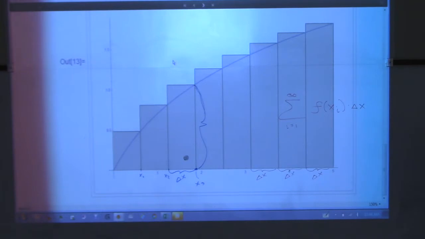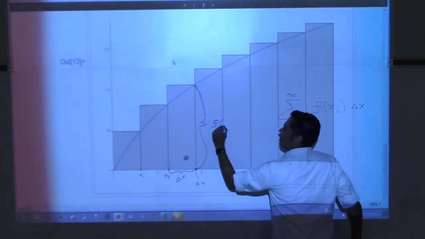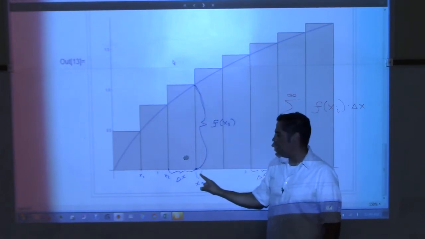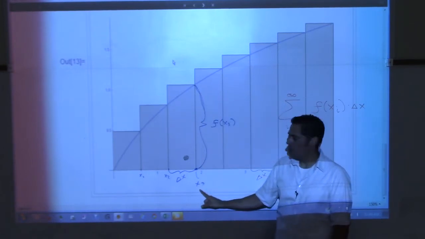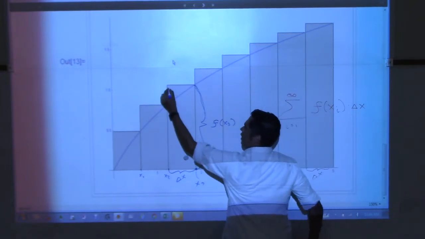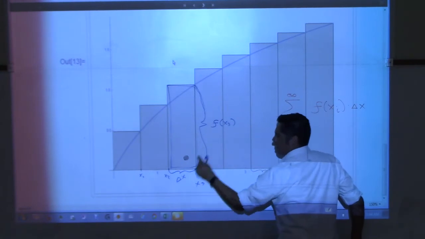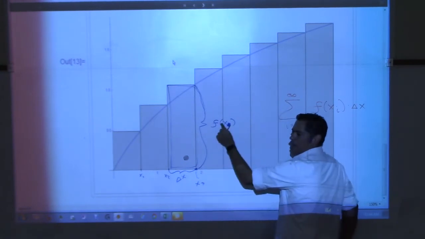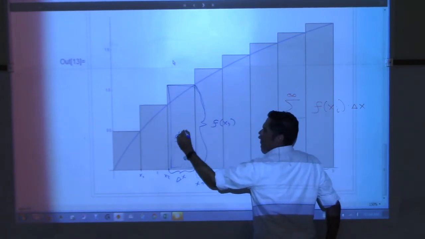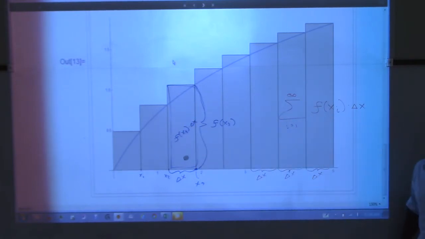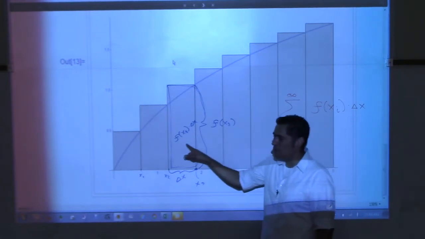How high is that rectangle? It's f of x sub 3. It's the height of the function at that point, x sub 3. So what's the area of this rectangle right here? It's width times height, right? So it'd be f of x sub 3 times delta x. That's the formula that gives you the area of just that single rectangle.